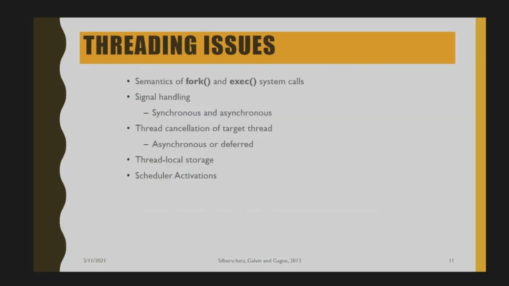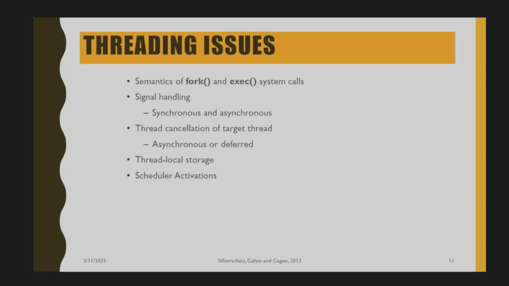Okay, the next is about the threading issues that can occur when we talk about threading in the operating system. One of the issues is the semantics of the fork function and the exec system call function. Those functions we already discussed in chapter 3.